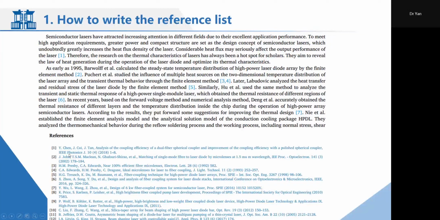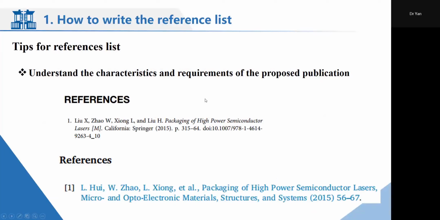Here is the name of the journal, and here are the volume, the year and the pages. We have different forms for different journals when we write the reference list. Let's see what's the difference between this one and this one.